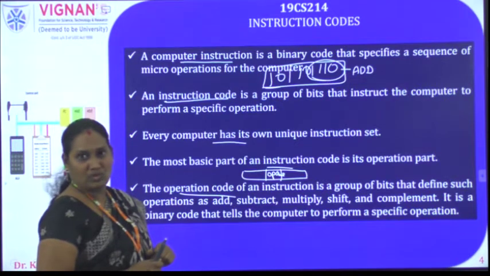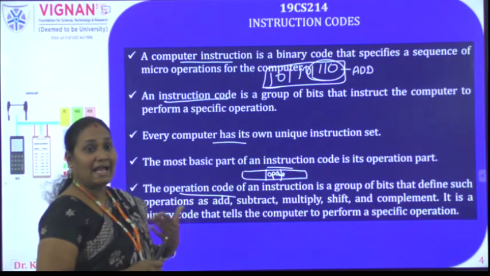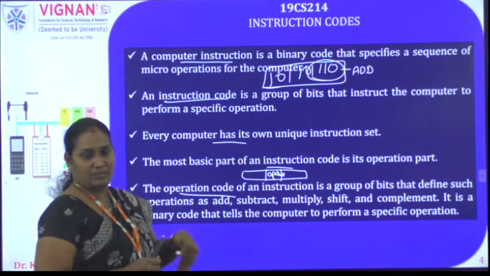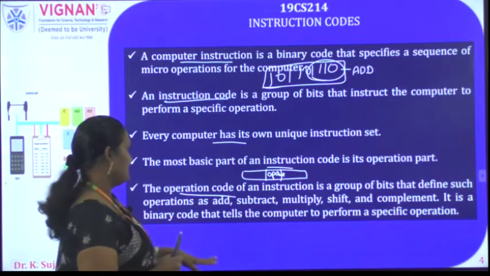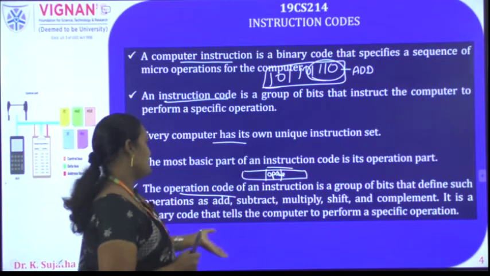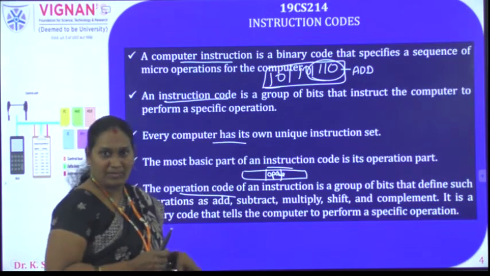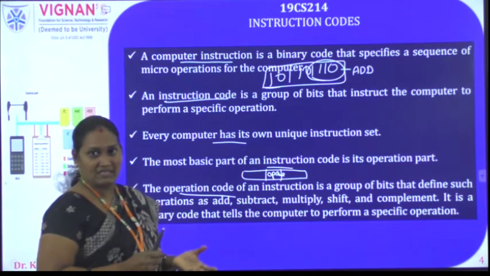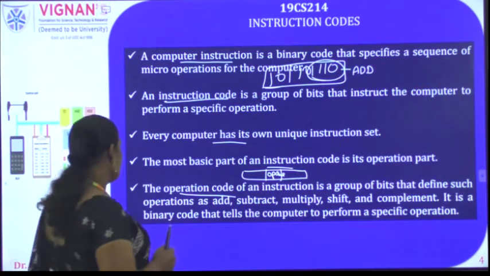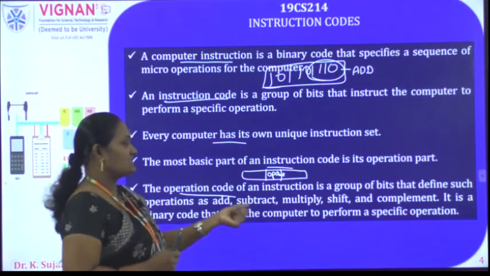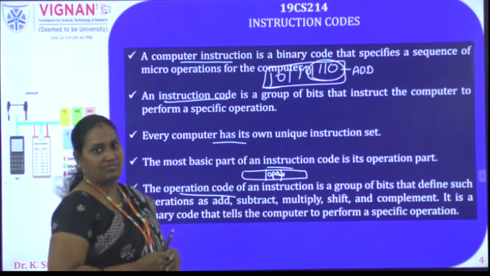If I write 101, that may indicate an AND operation. Some other binary code may represent some other operation. Like that, it may represent various operations such as addition, subtraction, multiplication, shift operations, complement operations, logic operations, etc. So it is a binary code that tells the computer to perform a specific operation.